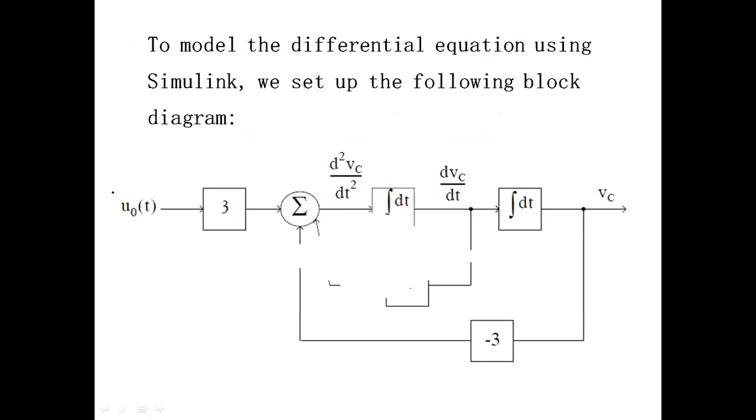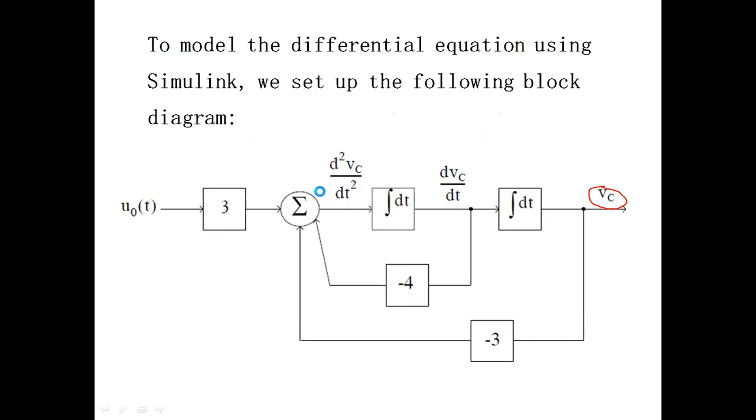Now to model the differential equation using Simulink, we set up the following block diagram. So U0 of t is at the input side and Vc is at the output side. So this can be realized in MATLAB Simulink.